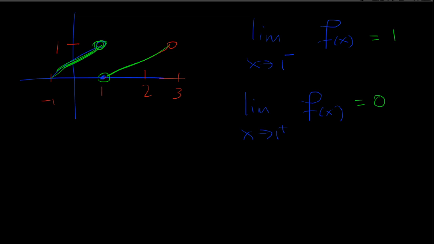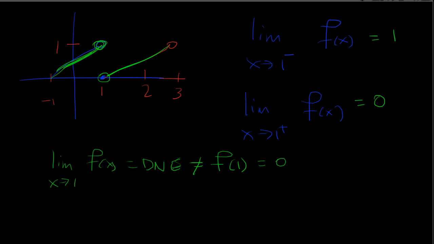So the limit here doesn't exist, which is not equal to f of 1, where f of 1 is equal to 0. So it can't be continuous at x equals 1.